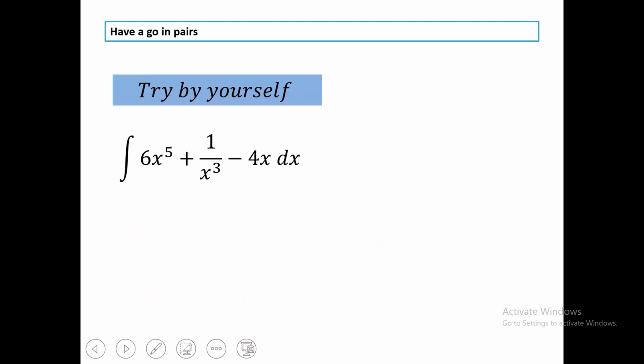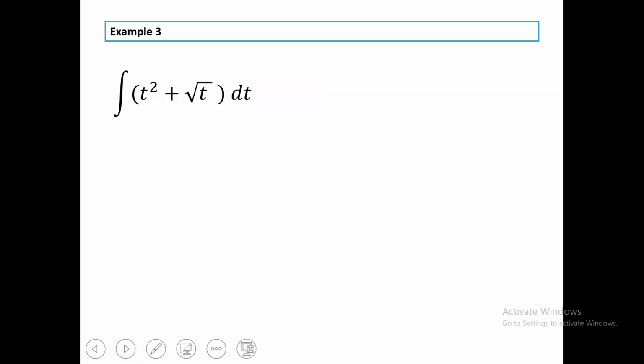Okay. Now I have another example, same as I did in the last slide, so try to do it by yourself. Next one, I have another example. Integrate t square plus square root t with respect to t. I'm going to first rewrite the square root as power half.